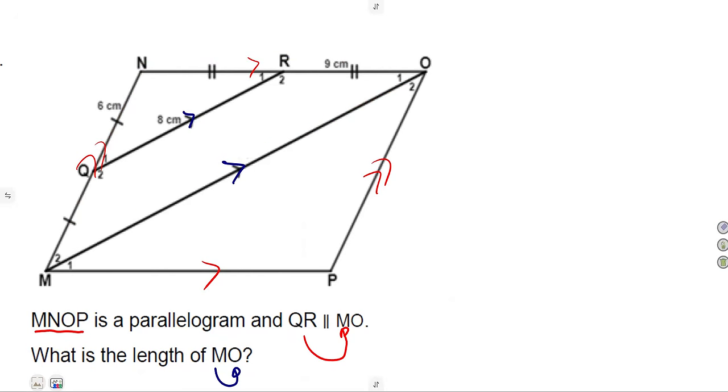Let's figure out. N is the common angle for the two triangles, the bigger triangle and the smaller one. So I'm comparing two triangles, N, Q, R there, and triangle N, M, O. You see that N is the common angle, that one. And angle N is common.